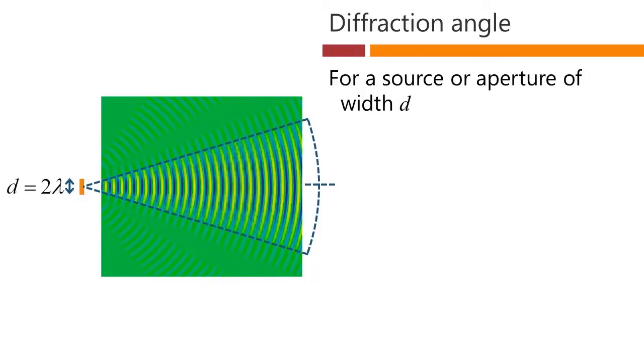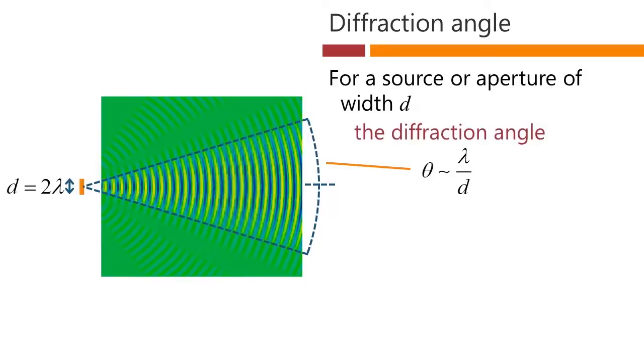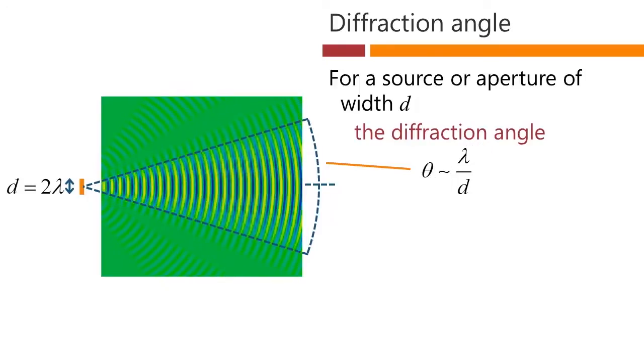So explicitly, for a source or aperture of width d, whatever that is, the effective diffraction angle, this spreading angle here, is of the order of the wavelength over the aperture size. Now, this is deliberately a bit approximate because what you call the diffraction angle is partly a matter of taste.